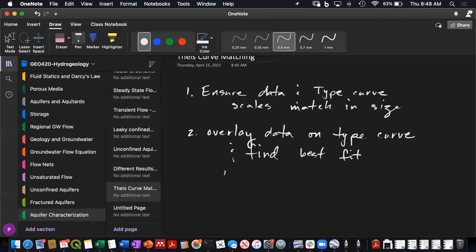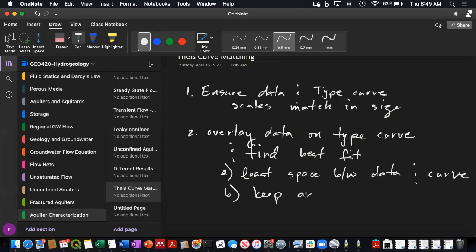Some corollaries. So least, this means there's the least space between data and curve. And we need to keep our axes parallel.